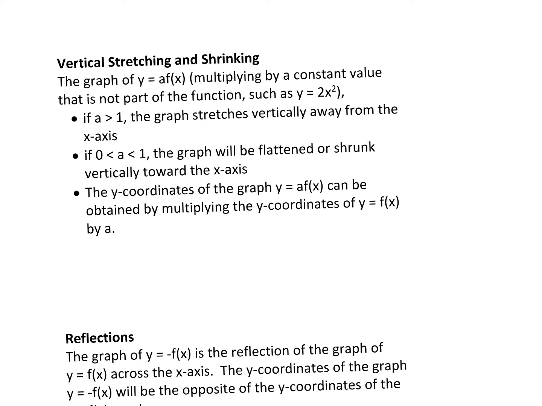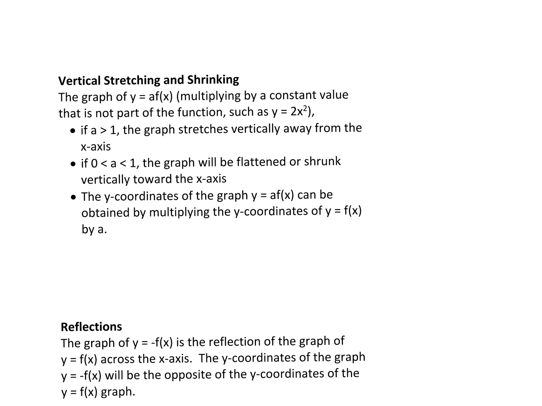Now, I'm not really going to go through this for very long, because this is really just everything we just said. So if we have an a in front, of course, it's a vertical stretch or a shrink, but it does help you in a way, because it tells you the y coordinates of the graph can be obtained by multiplying the y coordinate by a. That's a good trick that we already did.